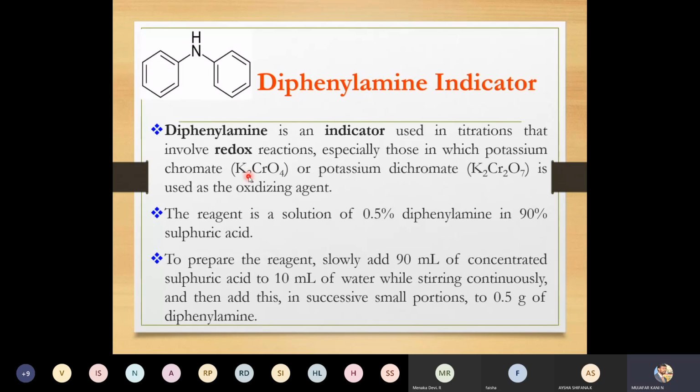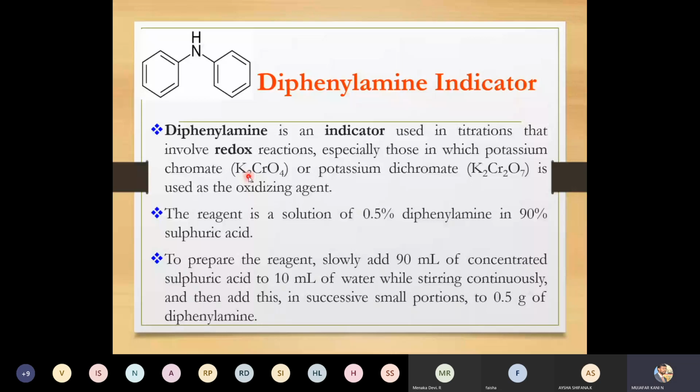Then the final one, diphenylamine indicator. Diphenylamine is an indicator used in titrations that involve redox reactions, especially those in which potassium chromate or potassium dichromate is used as the oxidizing agent. The reagent is a solution of 0.5% diphenylamine in 90% sulfuric acid.